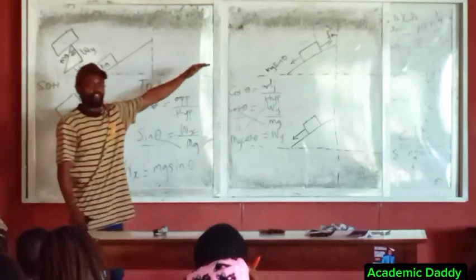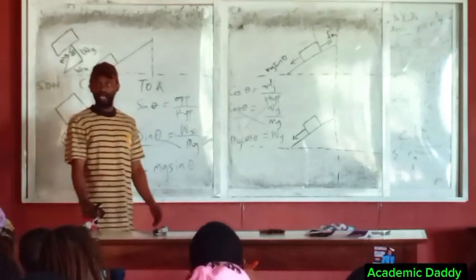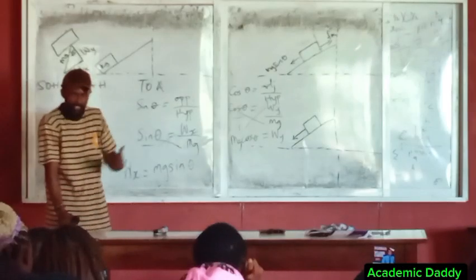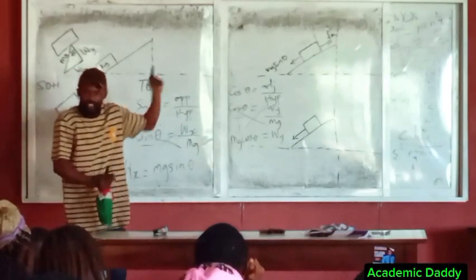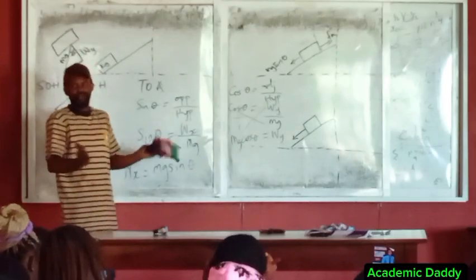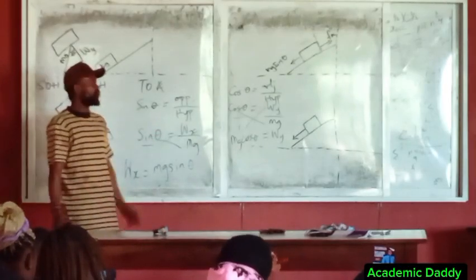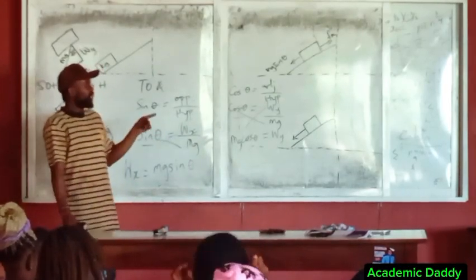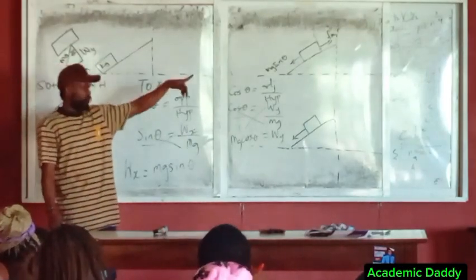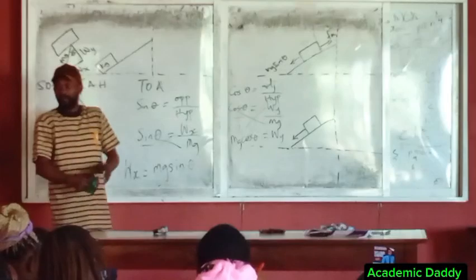If you let this object slide down, it's coming down along the mg sin theta axis, while on the other side the friction will be Fk. Most of the questions will mention friction. With this understanding, I want us to now analyze it when it's at rest, when it's moving upwards, and when it's moving downwards, so that we get formulas for it.